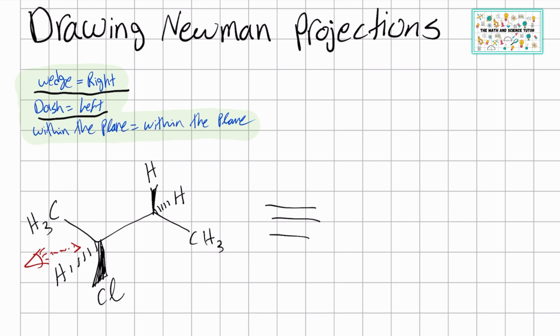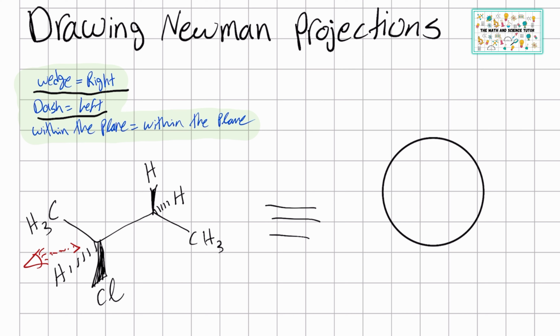This is how it's going to look like. So we first start off by drawing a circle. And depending on how we're looking at the compound, we're either going to do this for the front carbon or this. And that depends on the element that's within the plane. So over here, the element that's within the plane is facing upwards.